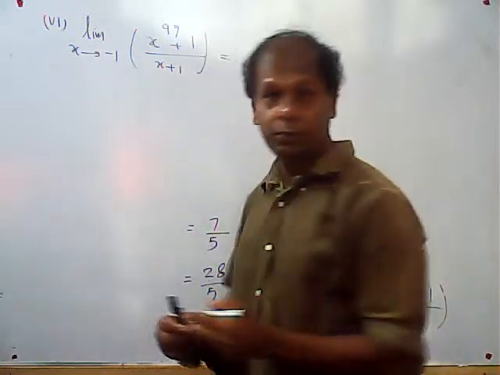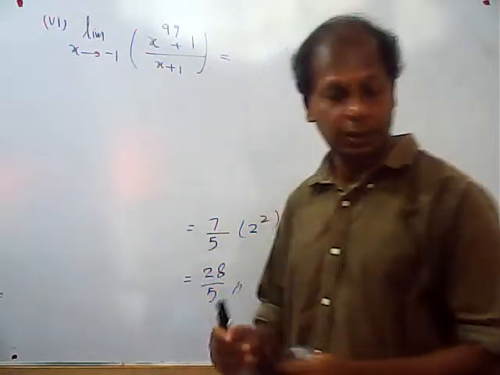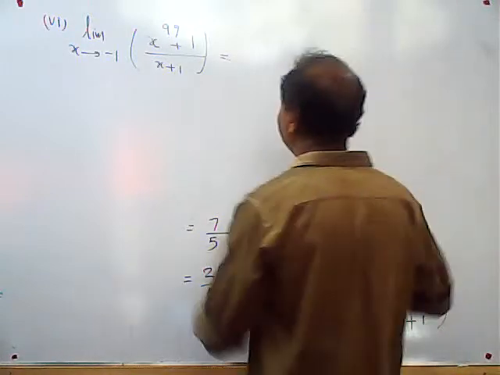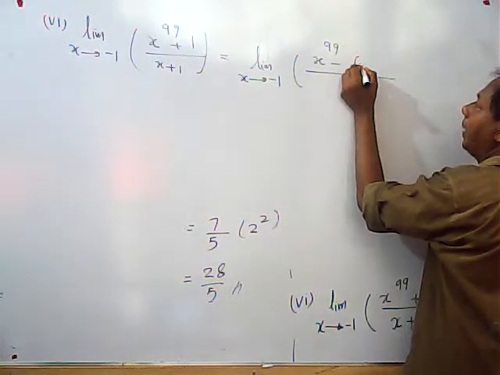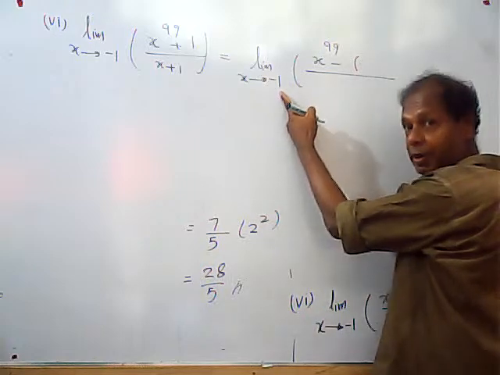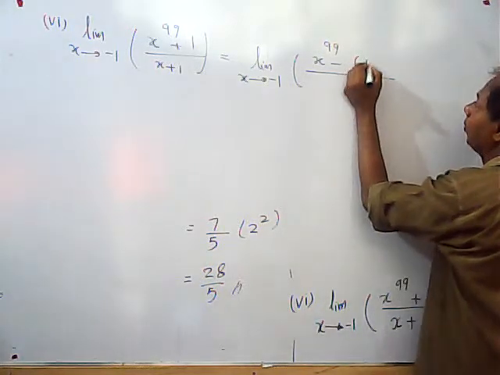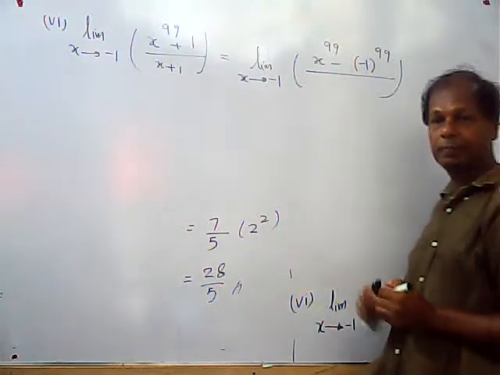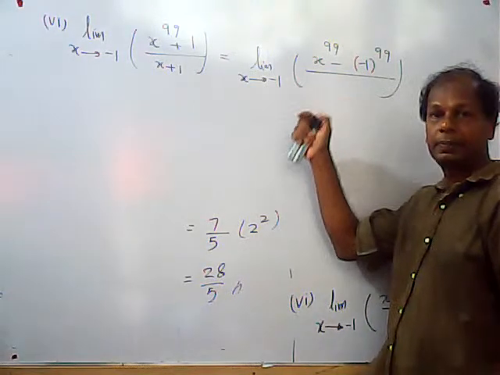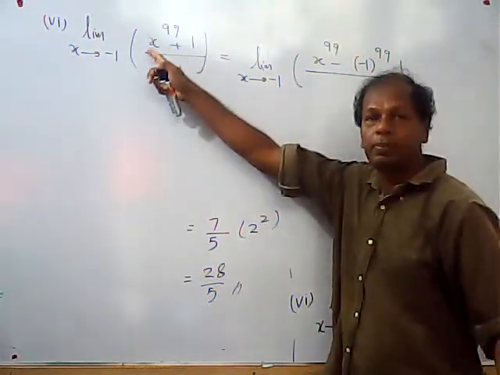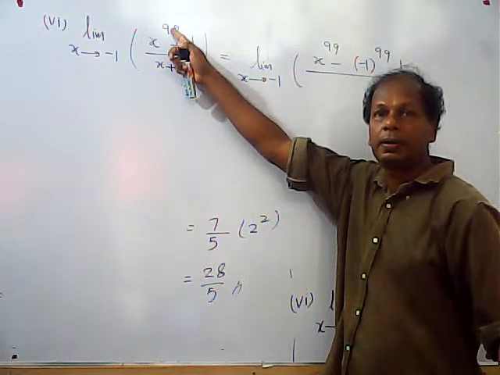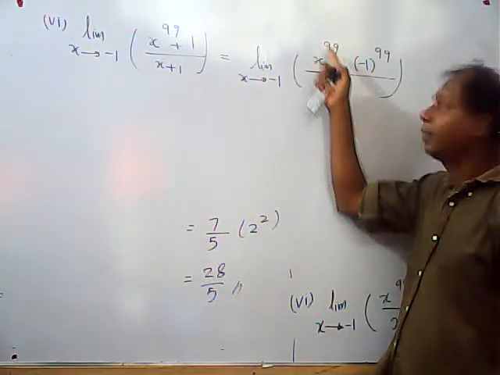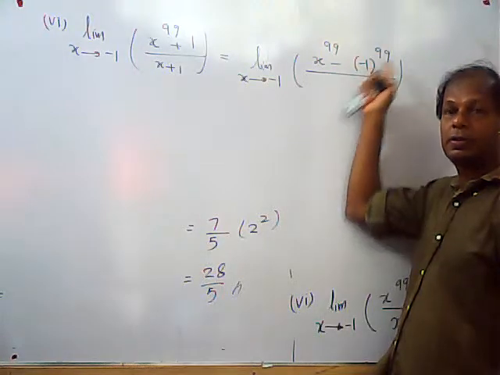But remember, to apply the theorem, again everything should be set correctly. So you have to check if a to the power n, a is minus 1, minus 1 to the power 99. Is it correct to write this? Can you replace x to the power 99 plus 1 with x to the power 99 minus minus 1 to the power 99?